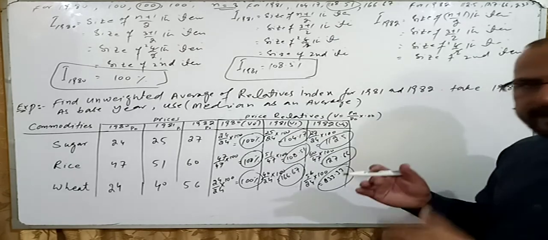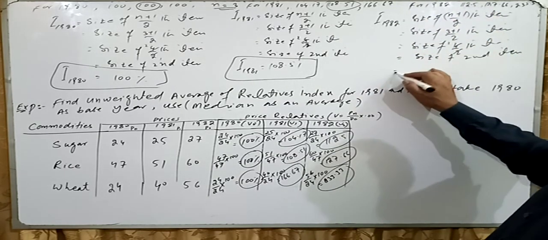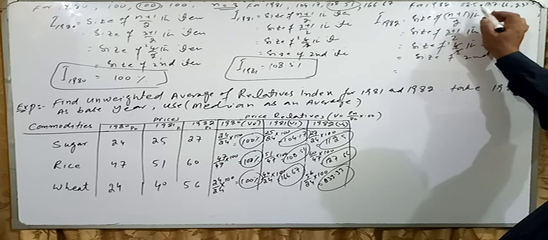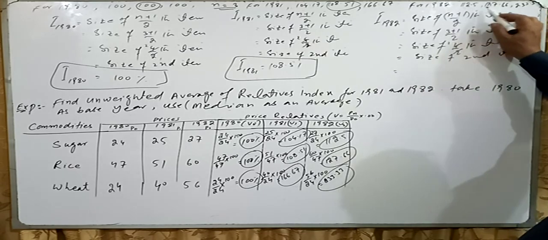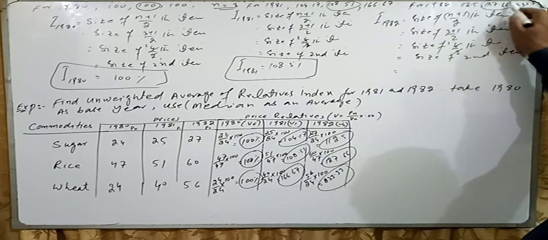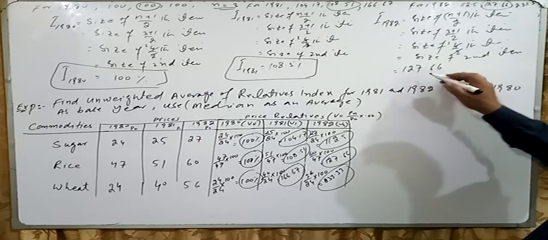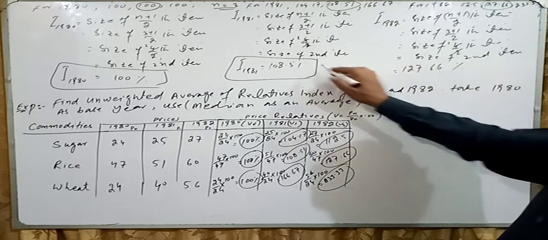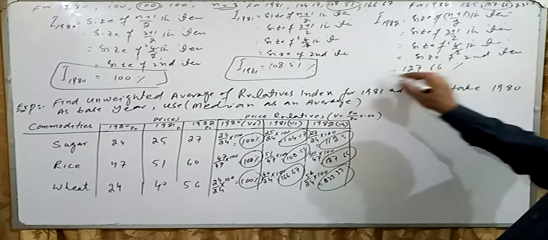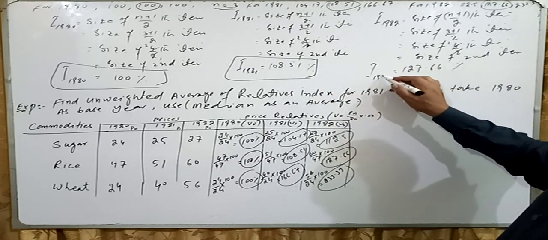So the size of the second item in the data is 127.66%. This becomes I 1982.